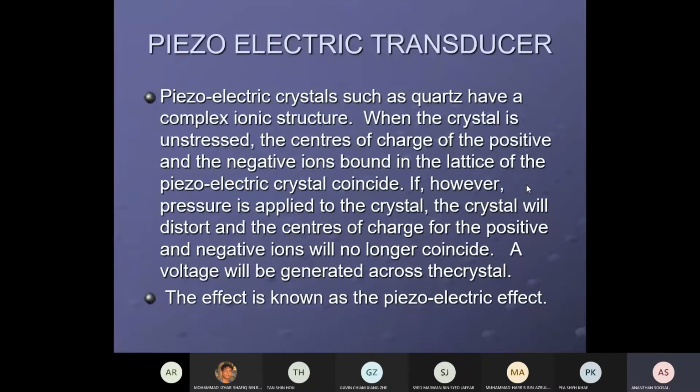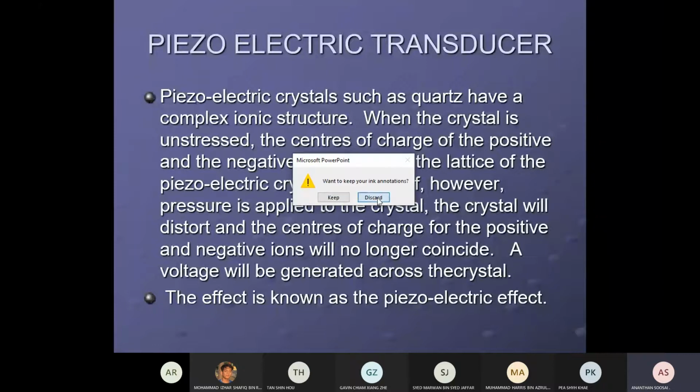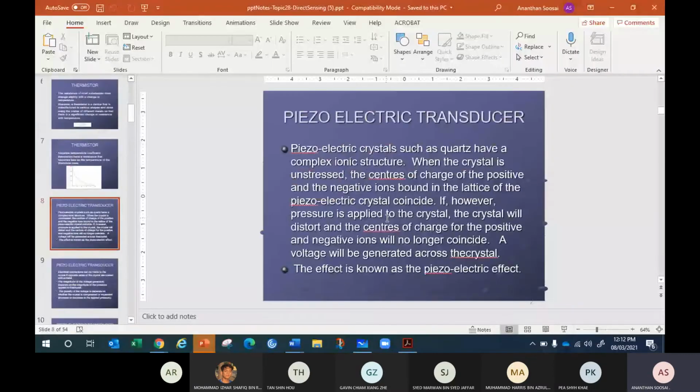Next, piezoelectric transducer. We're going to do it in depth later under ultrasound. Just temporarily, let me show you the device.